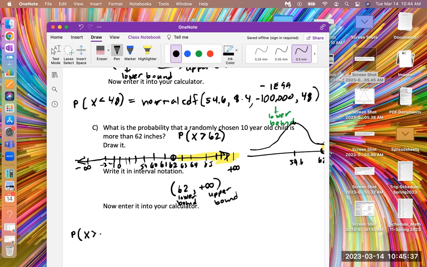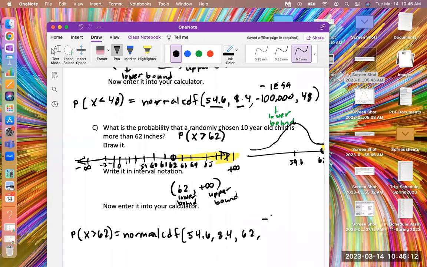The probability that X is greater than 62 is equal to the normal CDF, and I enter the same mean and standard deviation that I did above: 54.6 and 8.4. The only thing I really have to make sure I get correct here is that I correctly enter the lower bound, 62, and the upper bound.